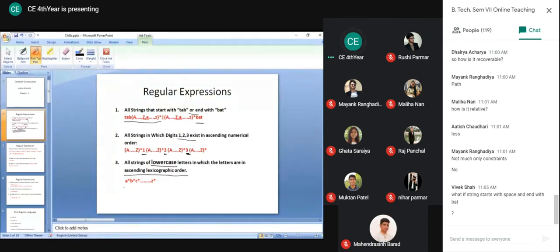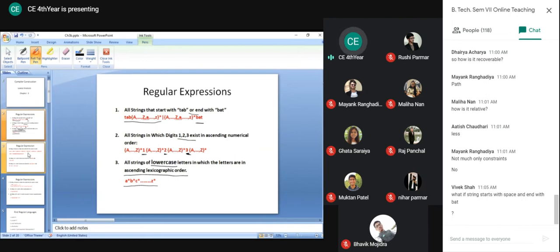That means you must have first A, then B and C. So any word satisfying the criteria, in which the alphabets are in ascending lexicographical order, will be accepted by this regular expression. So these 3 are very simple.